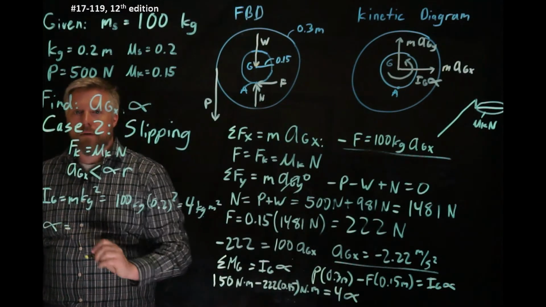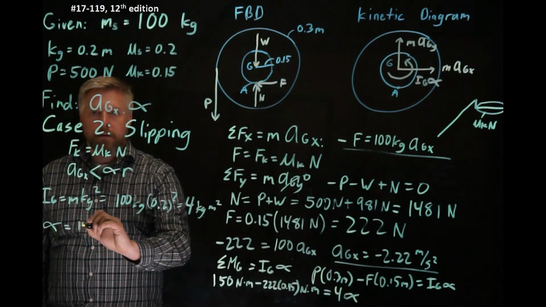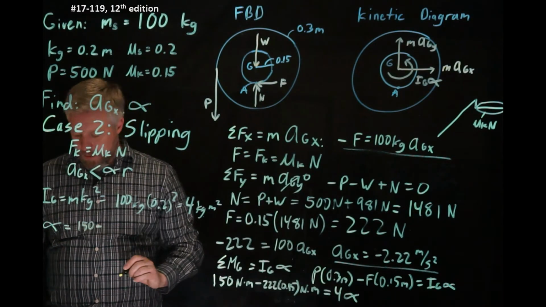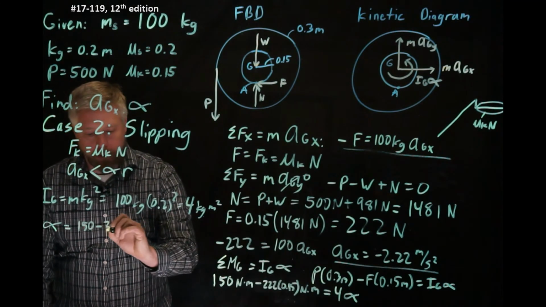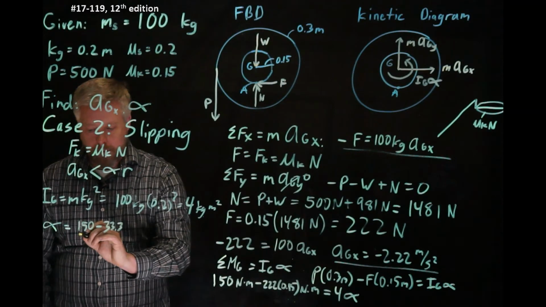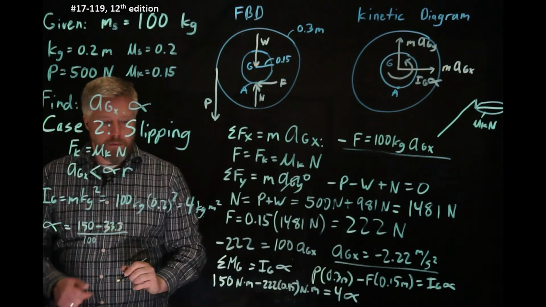Alpha is going to be equal to 150 minus 33.3 over 100, over 4.